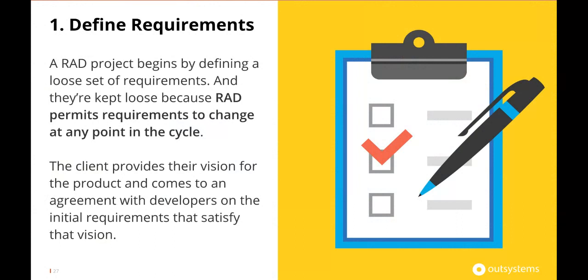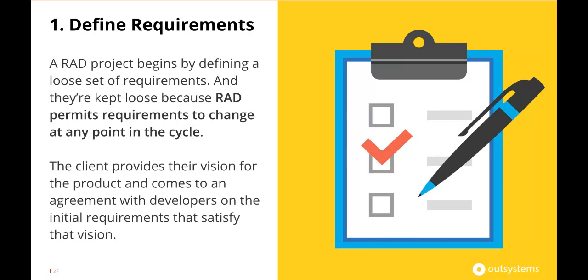These steps are found both in the spiral model and the RAD model as well. They're very similar. What's different is the structure of their two approaches, but these core steps are in perhaps each and all RAD practices.